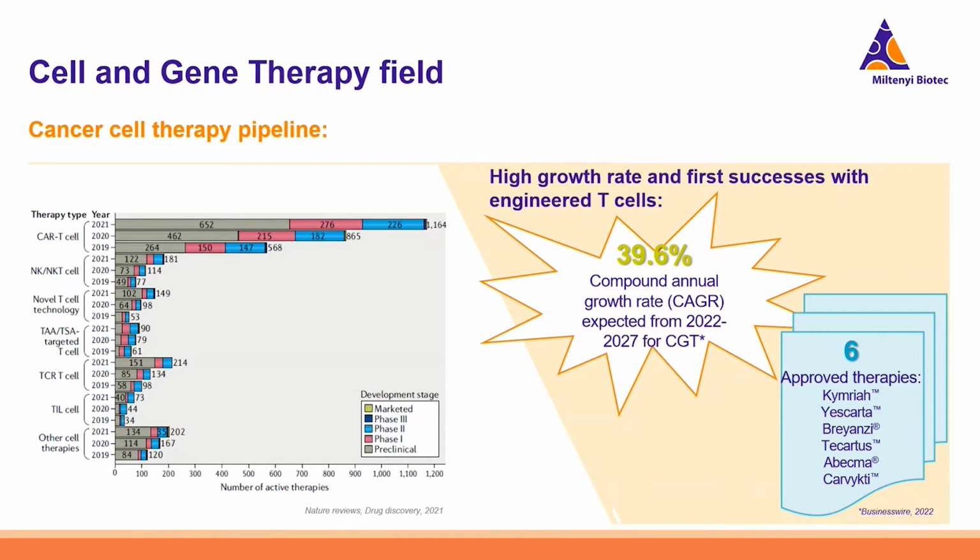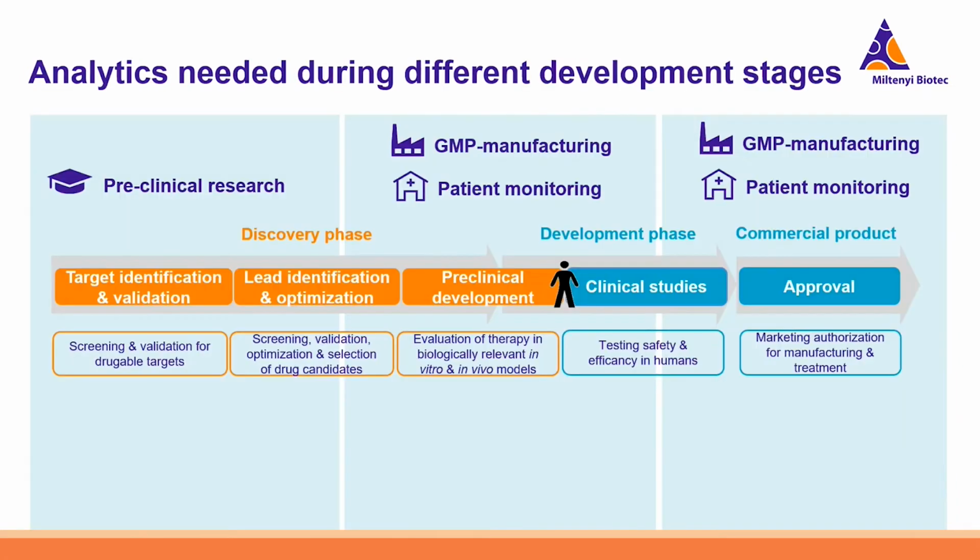Yeah, you can say it's just 6 or already 6 made it. But what it actually says is that there is quite a bottleneck. There are a lot of projects ongoing, and it is not always a success story. And one of the big hurdles definitely is the analytics, the analytical assays that go along with IPC-QC monitoring, but also in earlier phases.